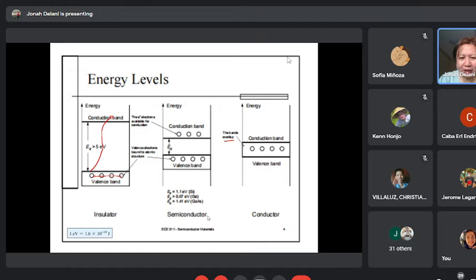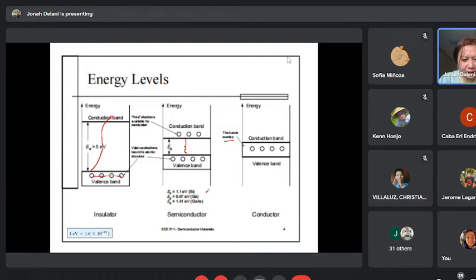In a semiconductor, the gap is just right. In a conductor, only a little push is needed for the electrons to run as current. In a semiconductor, it needs to absorb a little bit more energy than the conductor.